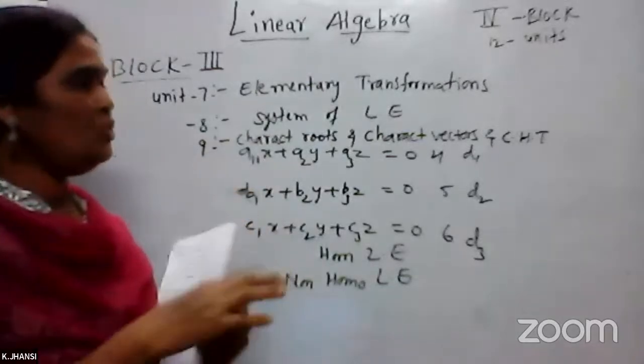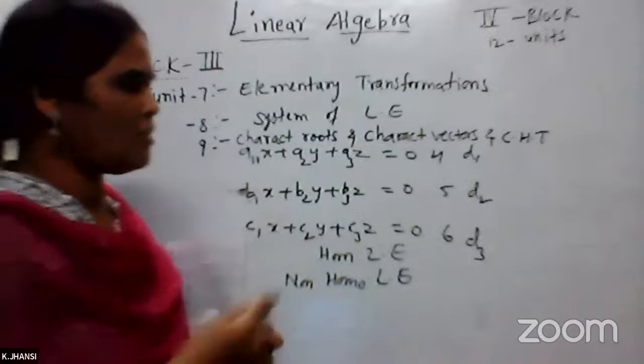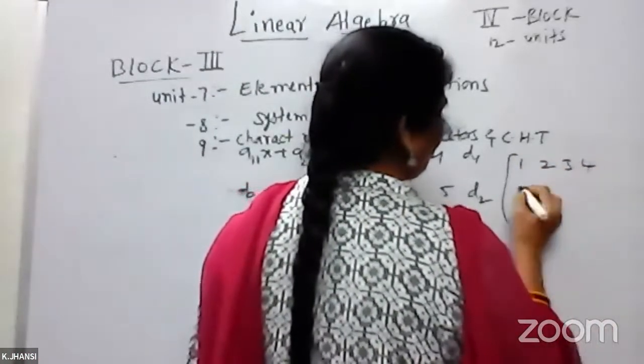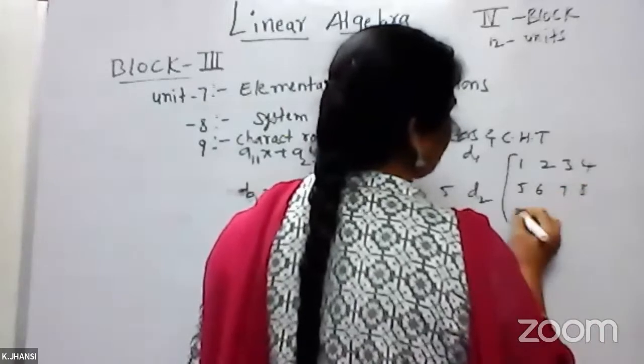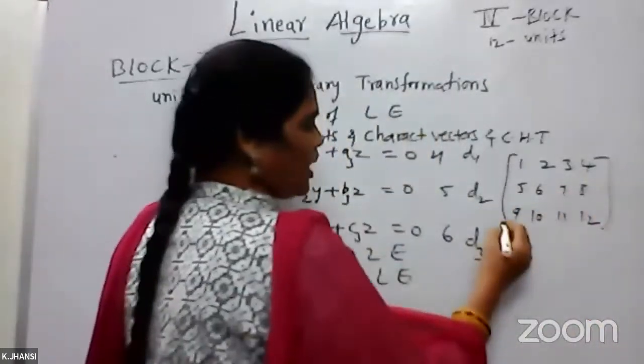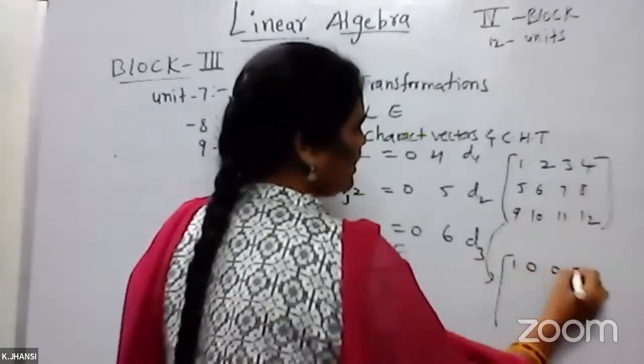Okay, and in unit 7 there is also conversion of any given matrix into normal form. Normal form means, if you have a matrix with entries 1, 2, 3, 4, 5, 6, 7, 8, 9, 10, 11, 12, and you convert this matrix into an identity matrix, you may get it like this.